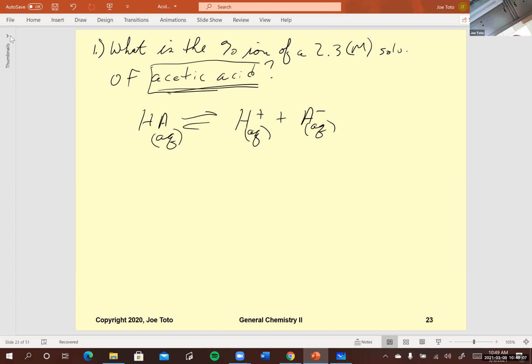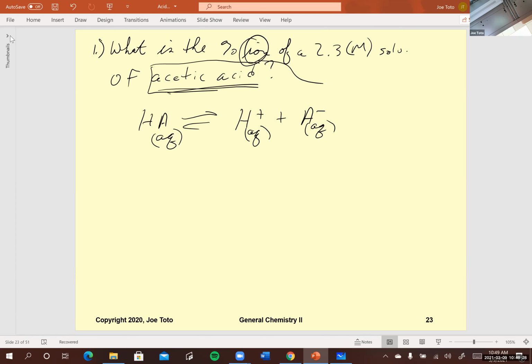But anyway, if I want to calculate the percent ionization or the percent dissociation, which sometimes are used synonymously. So ionization and dissociation are used interchangeably.